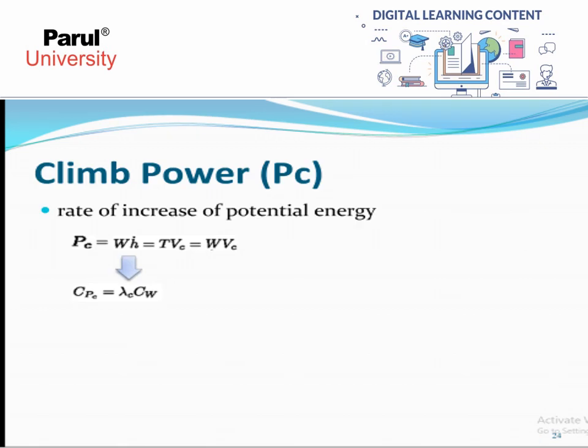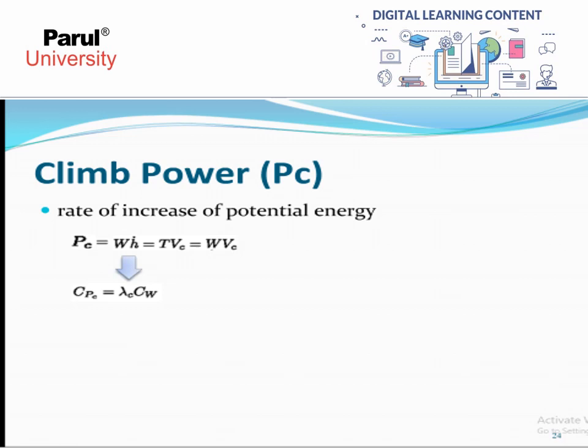Right? Now the climb power PC, this is nothing but rate of increase of potential energy. What is potential energy? Potential energy is nothing but mgh, and mg becomes W weight, then W into h, and here we are writing not energy, we are writing power, then power is equal to energy per unit time. What is the energy? Energy is W into h, and per unit time is W into h dot, is nothing but power.